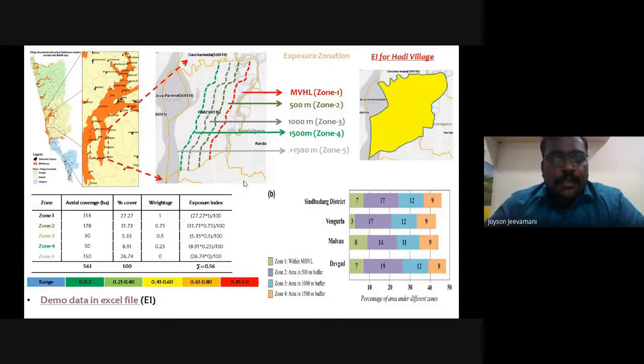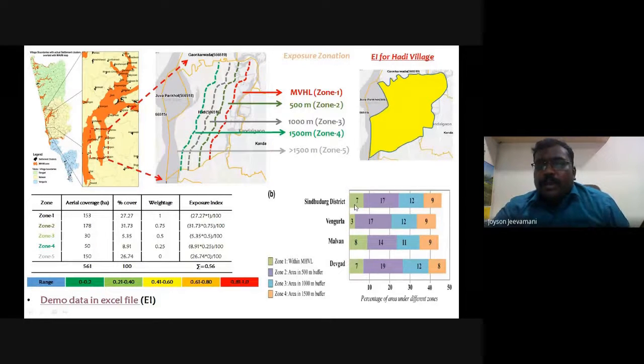Yes, thank you. So this is how we calculate the exposure index for a village. Here, on the right side at the bottom, we have the image showing how the different exposure zones and how much percentage of the area are distributed.